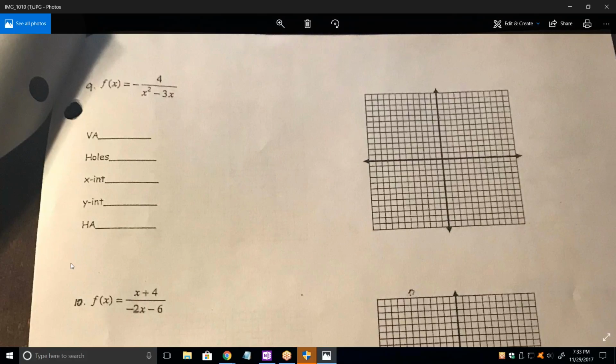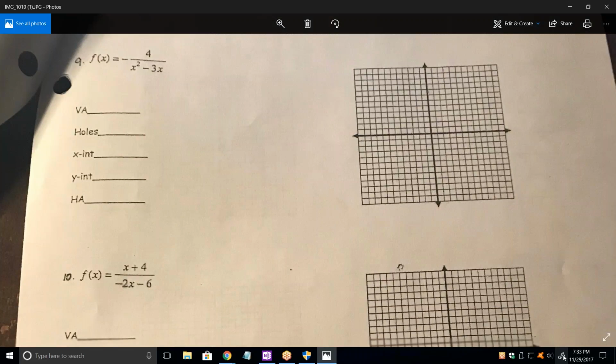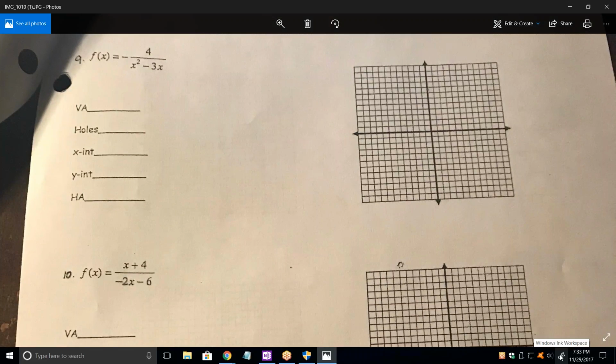Now, sometimes that negative sign in front, ooh, this is exactly what I was just talking about. Notice the denominator is an x squared greater than the numerator. I would expect this graph to look something like this without any further work.